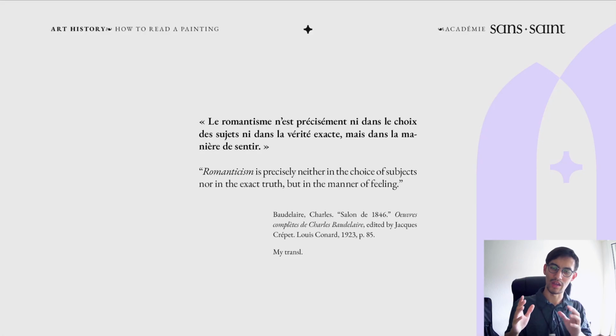So he says Romanticism is precisely neither in the choice of subjects, which is what's being depicted in the painting, nor in the exact truth, which is objective reality in the classical sense, but in the manner of feeling. So what he's saying is that Romanticism is moving away from this objective outlook on life and more toward the subjective, on feelings and emotions and the inner life of a human person.